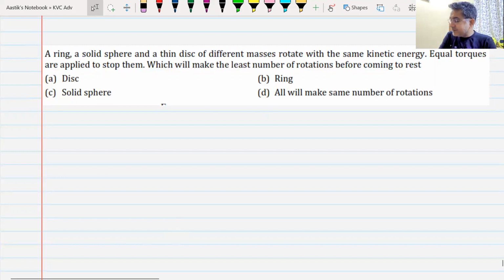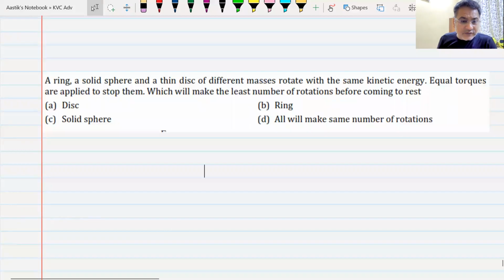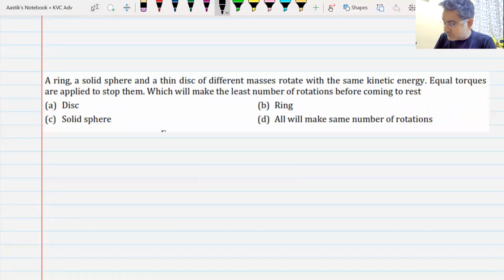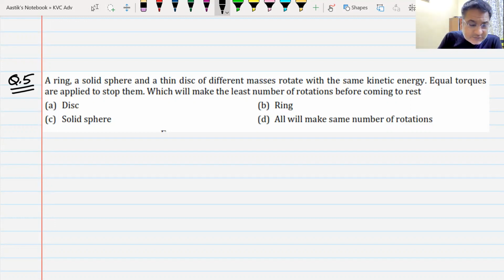Which will make the least number of rotations before coming to rest? These are the type of questions that, if we are not careful, may lead to mistakes. You have 2 minutes to give me the answer for this.